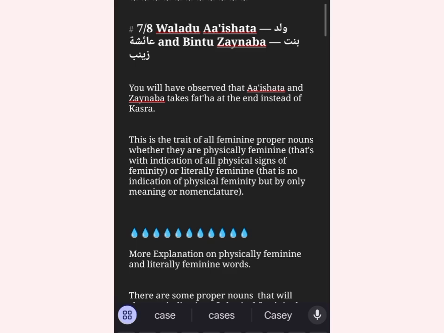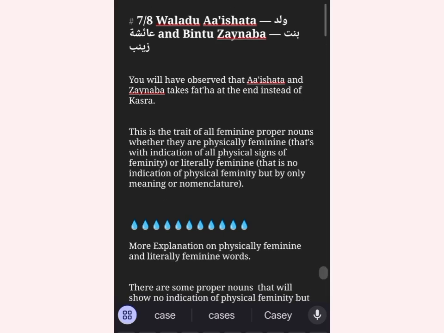So we have nouns that are physically feminine, mu'annath lafzi, feminine by structure, by the pronunciation. They are feminine, and that does not mean they will be feminine by meaning. And we have another set of nouns, just like Aisha, just like Zainab here. Zainab here is mu'annath ma'nawi and not mu'annath lafzi.